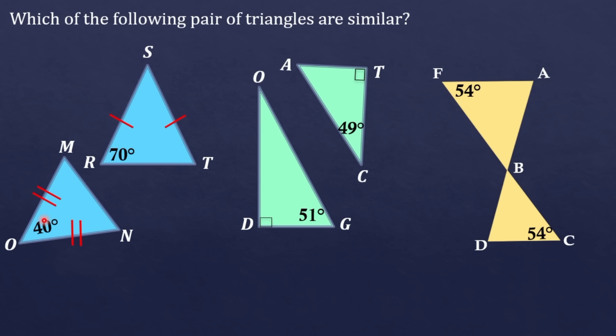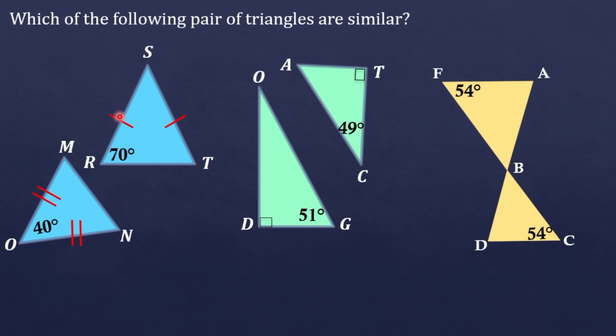So, 180 minus 40, that is 140. So, yung 140, we need to divide it by 2 para equal po itong dalawang to. So, 140 divided by 2 is 70. So, kung may 70 ka dito na measure ng angle, congruent siya dito. So, angle M is congruent to angle R.